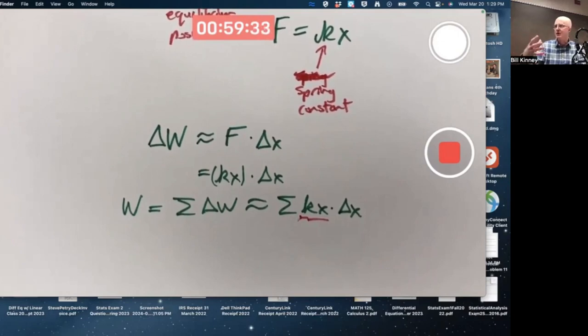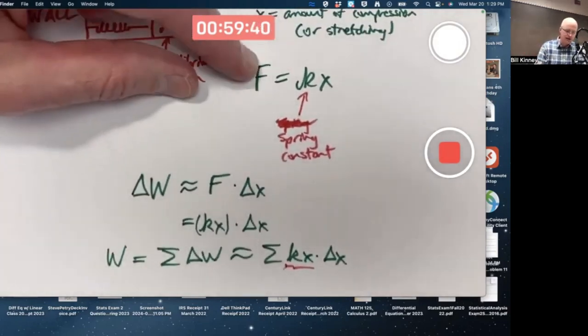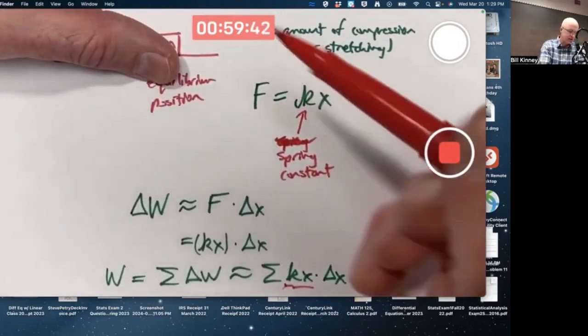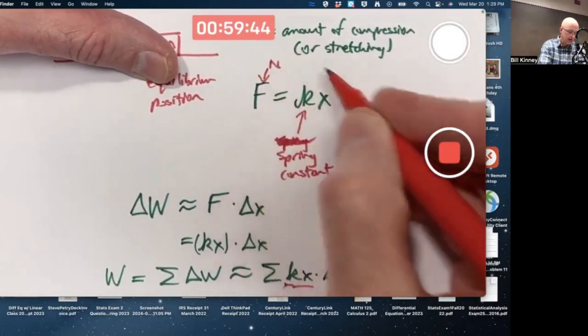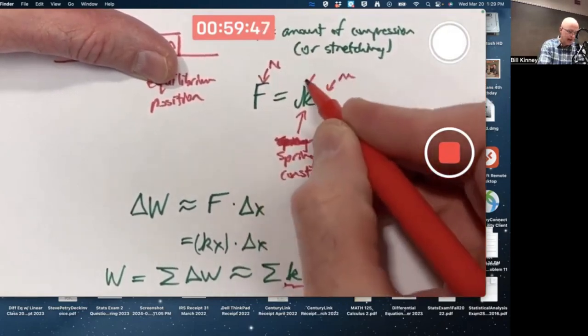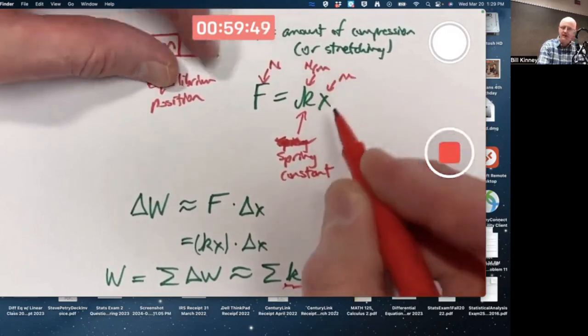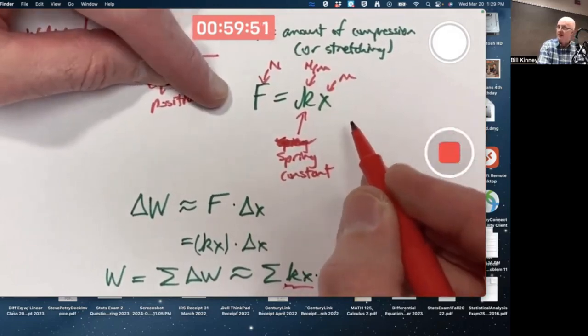If you know it takes a certain amount of force to hold a spring in a certain spot, you can figure out what K is. You can use this equation. By the way, F is in newtons still, X is in meters, and therefore K is in newtons per meter. You can effectively take the force and divide by X to figure out K.